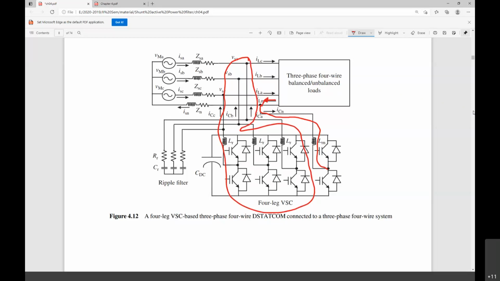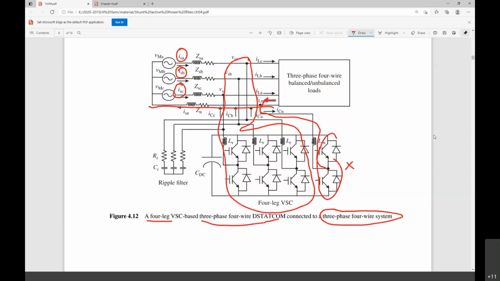If there is no such leg, the current which is going to flow this path, and the source currents ISA, ISB and ISC, are going to become unbalanced. We'll see this kind of topologies for a 3-phase 4-wire D-STATCOM or a 3-phase 4-wire system in the next class, and also one of the control techniques.